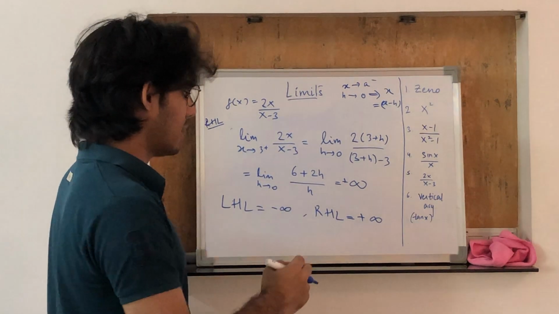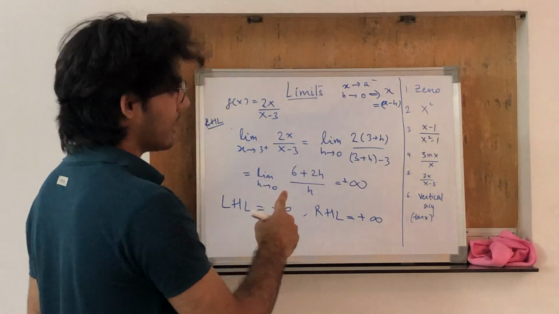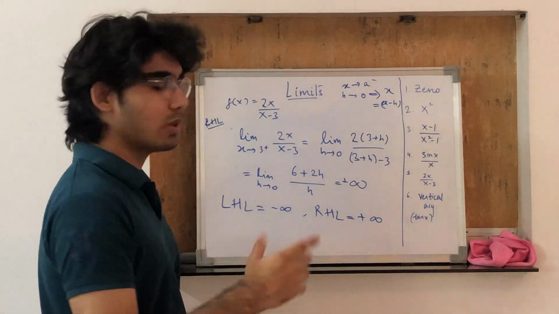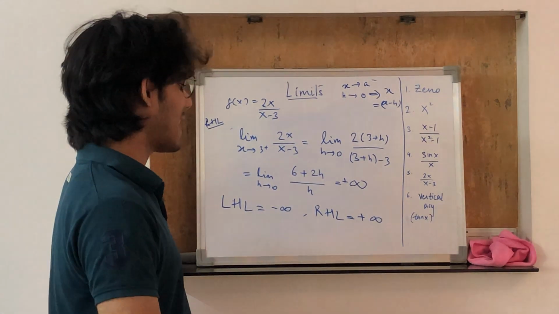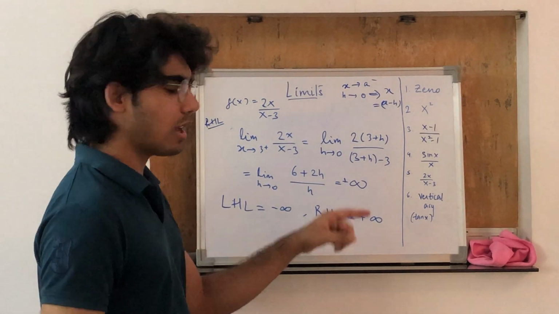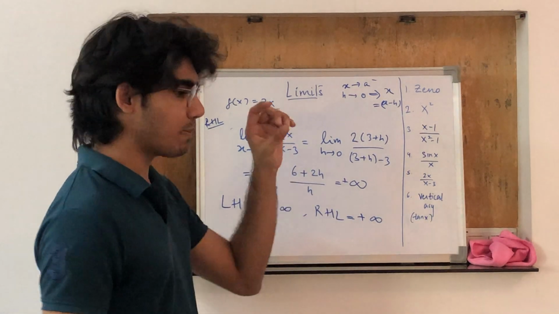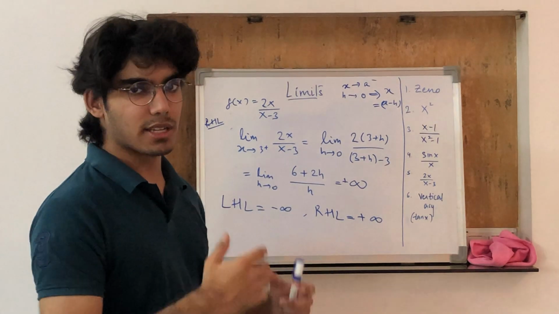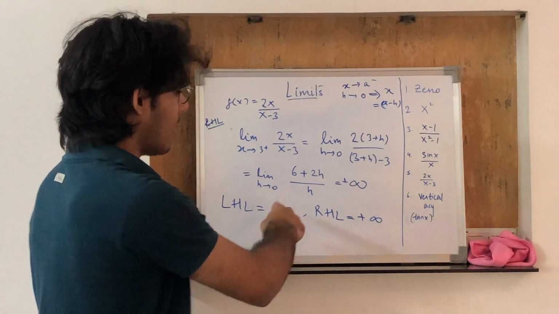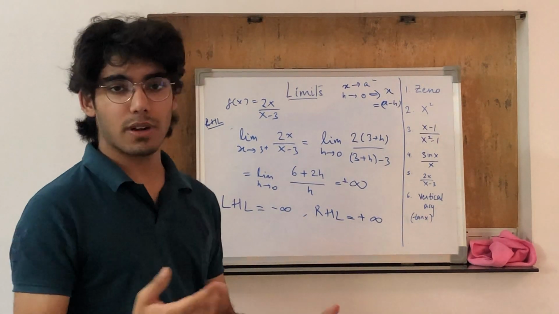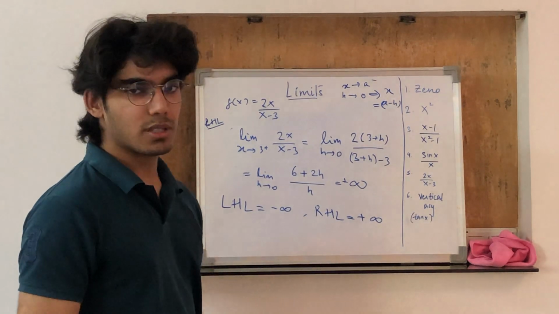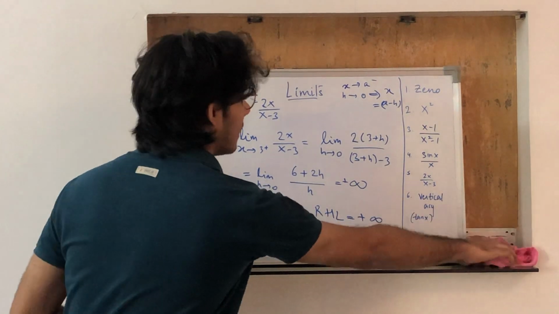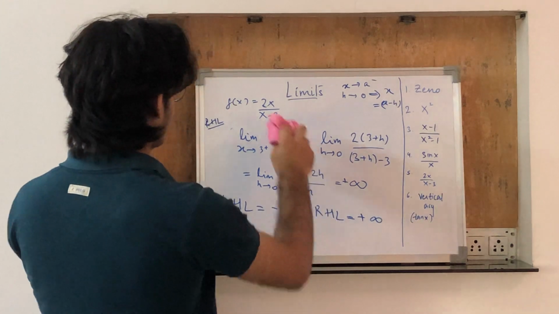That you cannot determine, because if you remember the theorem, the property that I told you about before, it says that only if the LHL and RHL are equal, they converge to a particular limit, then we can say that the overall limit is going to be that L, right? But now, as you can see, they approach different values here. So we cannot make that conclusion. So we say that the limit does not exist.